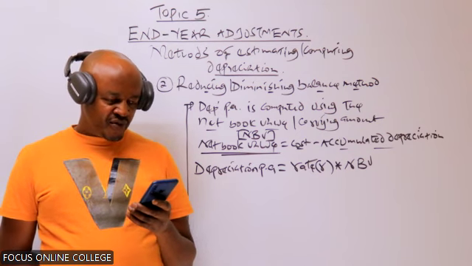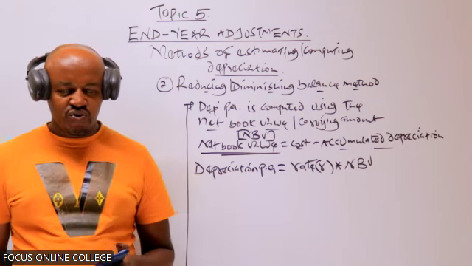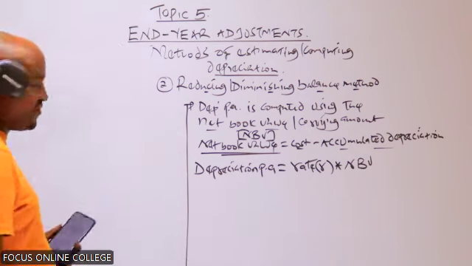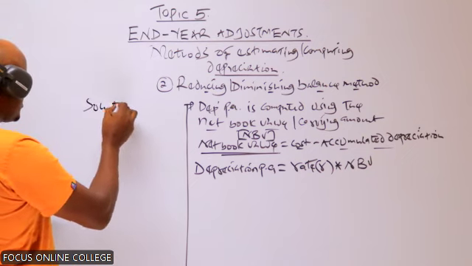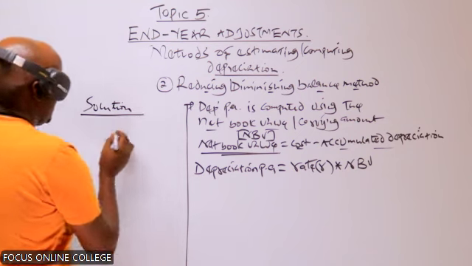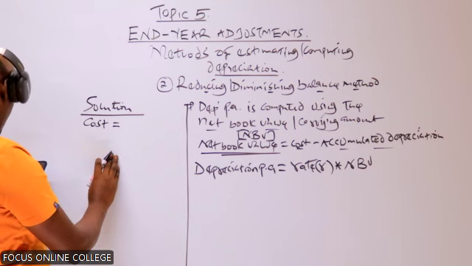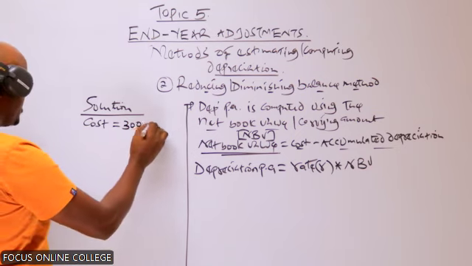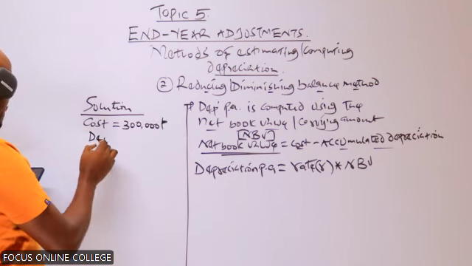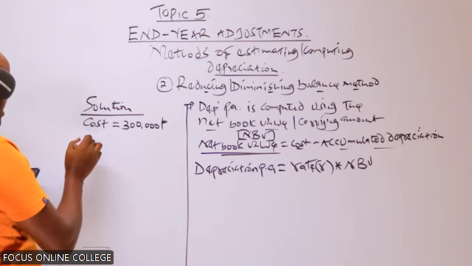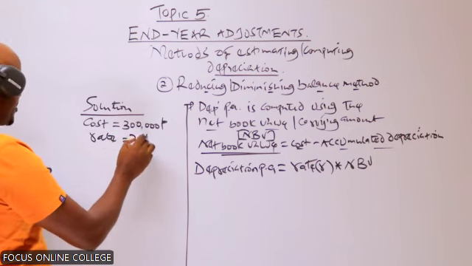What are we required to do? We're required to show the calculation of the depreciation charge for the first 3 years of use. The cost of this asset is 300,000, and the rate of depreciation is 25%.